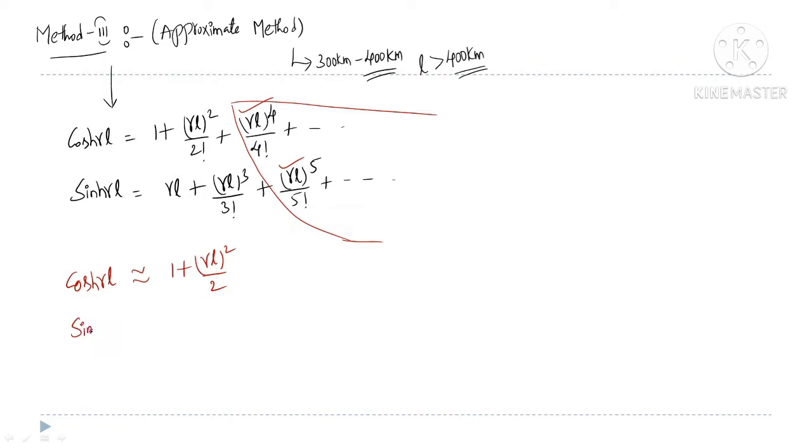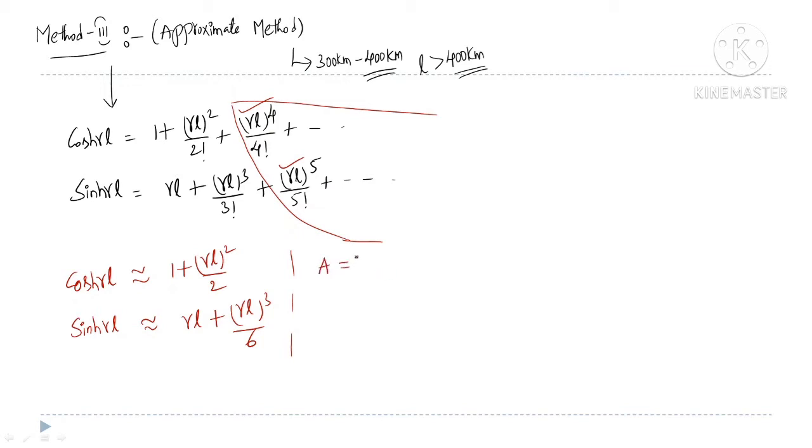Similarly, sinh gamma L is approximately equal to gamma L plus (gamma L) whole cube by 6. 3 factorial is 6. Now by substituting these in the ABCD values, what is A?